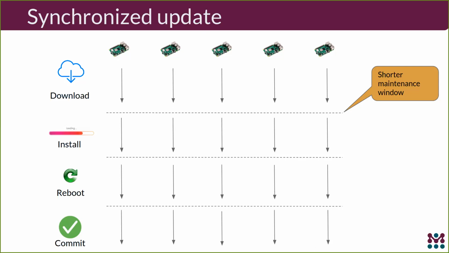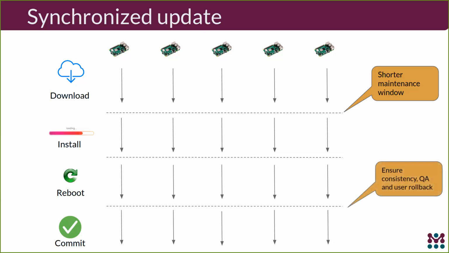Just wait until all the devices have gotten the new software before you proceed with installation. That's when your maintenance window starts, when you install it. So that can make it a lot shorter versus if you have to have the maintenance window on Monday morning until all the devices have downloaded and installed it. That's going to be a much longer maintenance window.